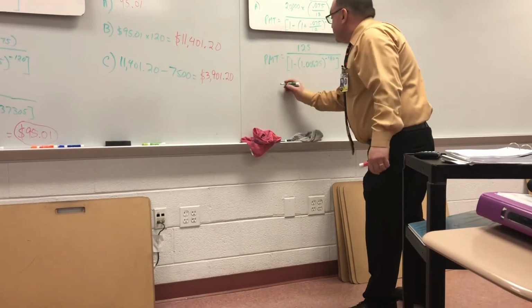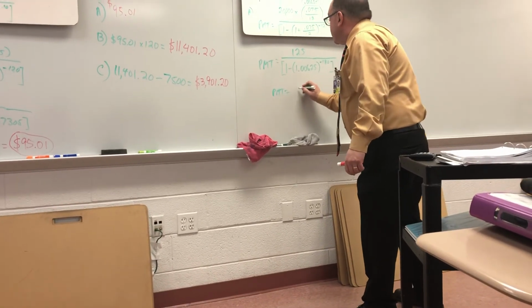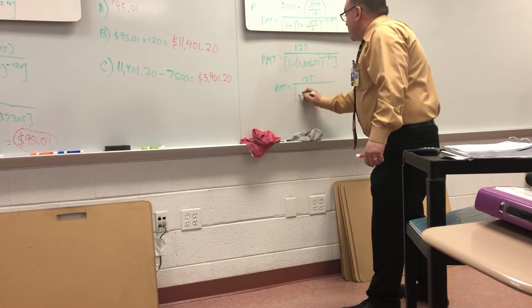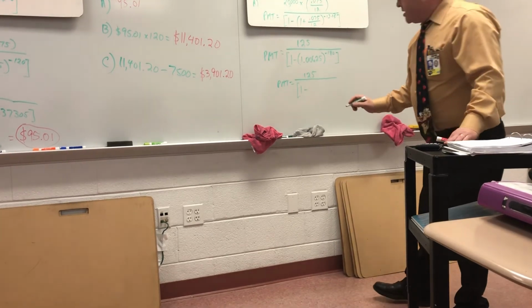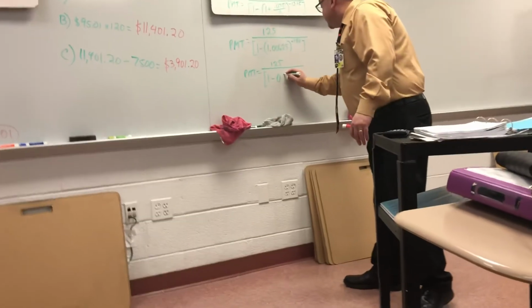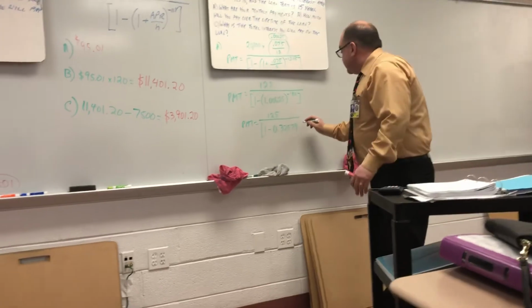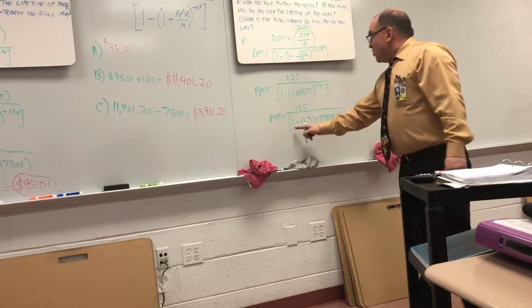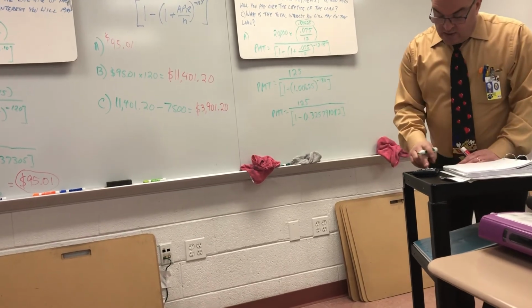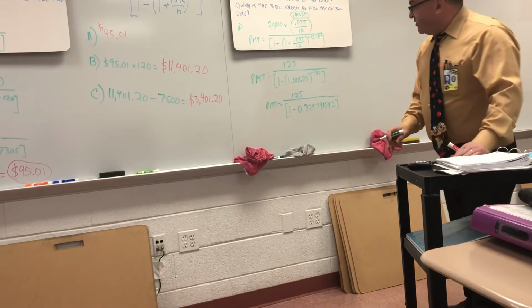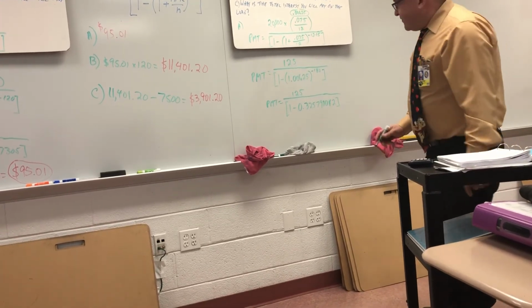So the payment equals 125 divided by 1 minus 0.32579. Okay, and I'm going to do 1 minus this number. 1 minus that number gives me 0.674.